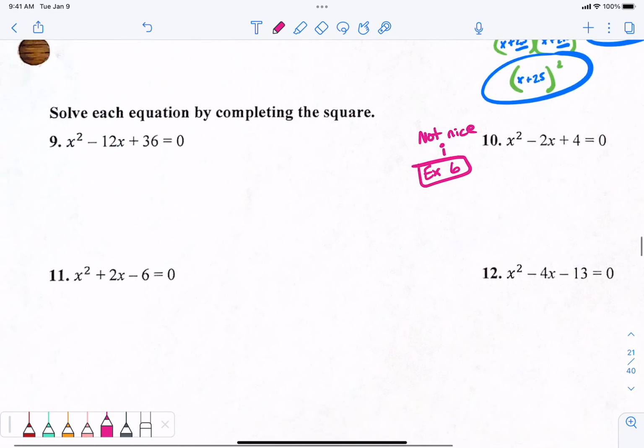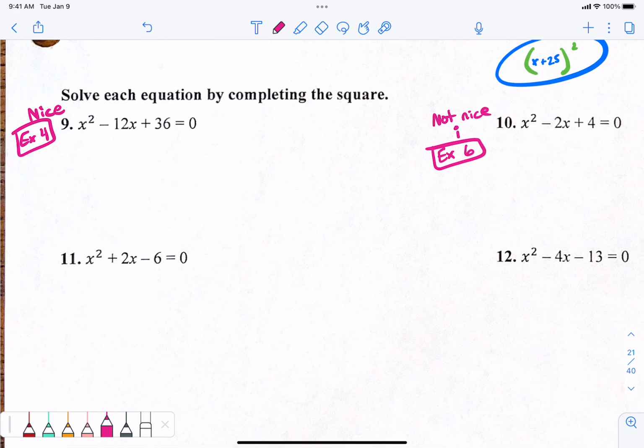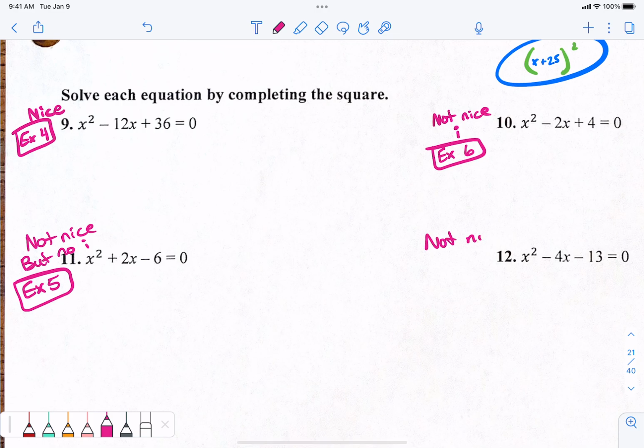Number 11 is not nice either, but it will not have an i. So not nice, but no i. It will be like example 5. And the same thing for 12. Not nice, like it won't come out a whole number. It'll be a square root, but it doesn't have an i.